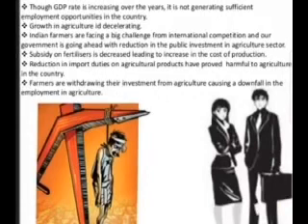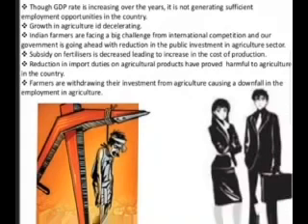Though the GDP rate is increasing over the years, it is not generating sufficient employment opportunity in the country. Growth in agriculture is decelerating. Indian farmers are facing a big challenge from international competition, and our government is going ahead with reduction in public investment in the agricultural sector.